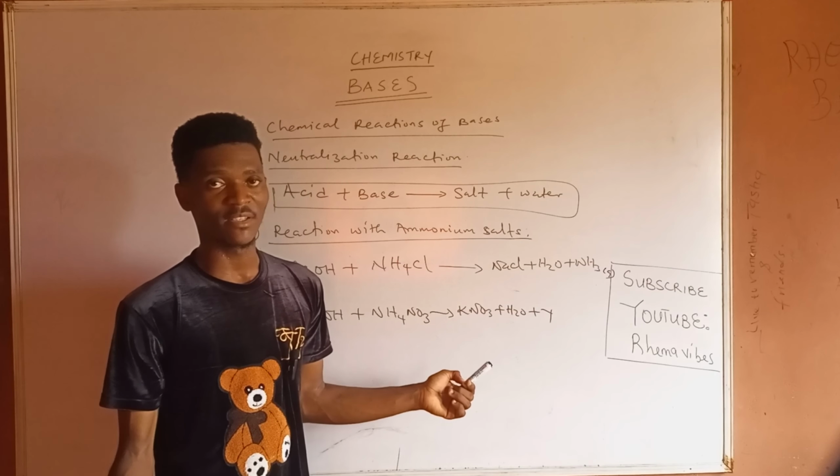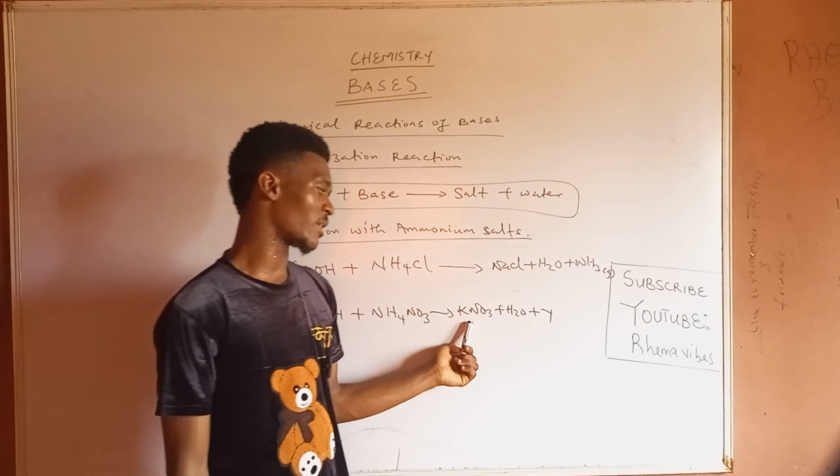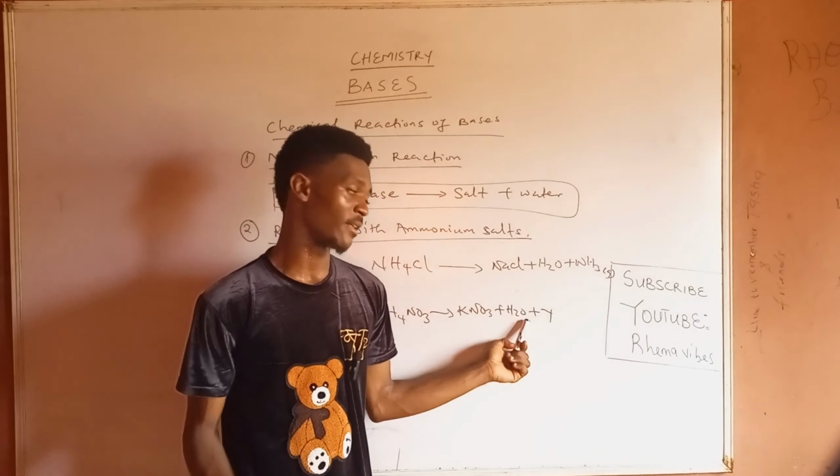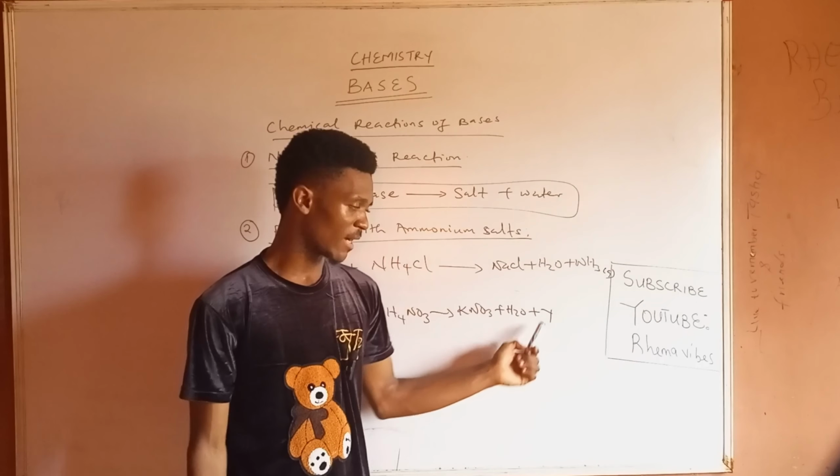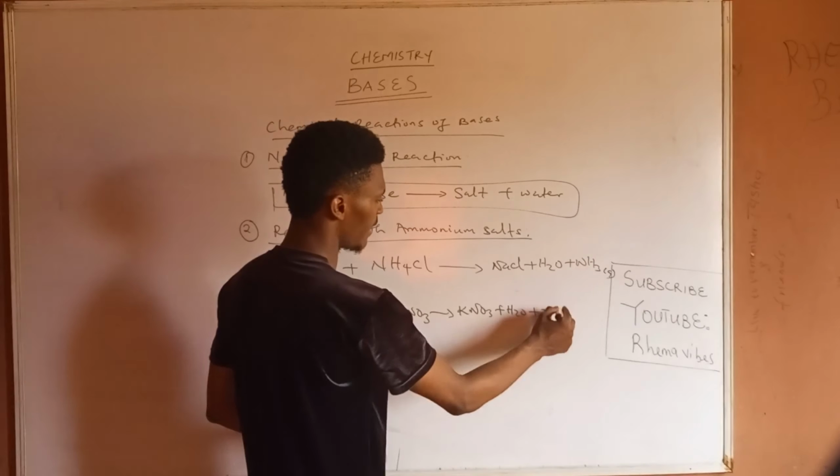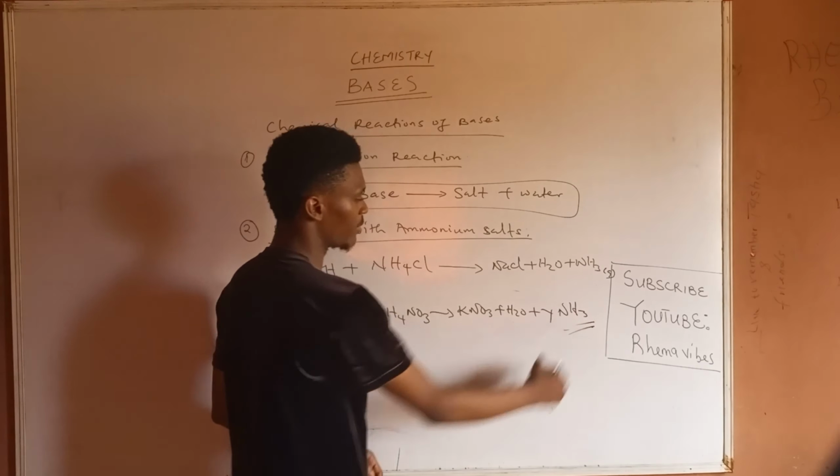Amongst the products here, you don't have any ammonia. You only have potassium nitrate, you have water, and then you are left with one more. And what's that? Ammonia. So the Y here is NH3. That becomes the answer.